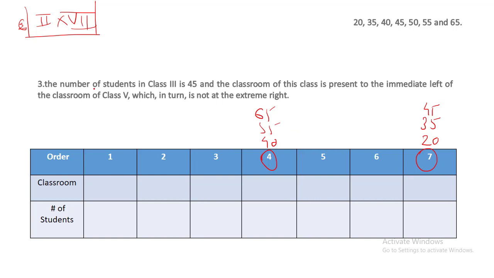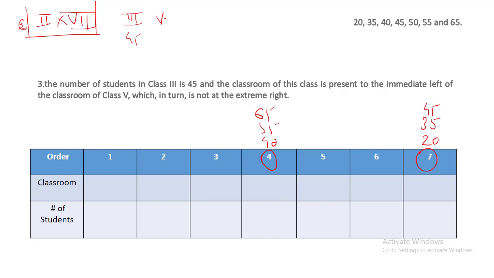Third point, the number of students in class 3 is 45, okay, and the classroom of this class is present to the immediate left of the classroom of class 5, which in turn is not the extreme right. Now again, we cannot exactly place this particular point in our table, but we can have many possibilities. Class 3 and class 5, the number of students are 45.